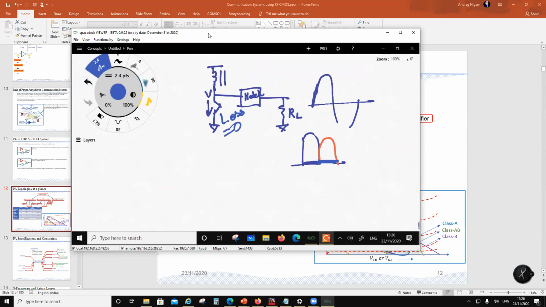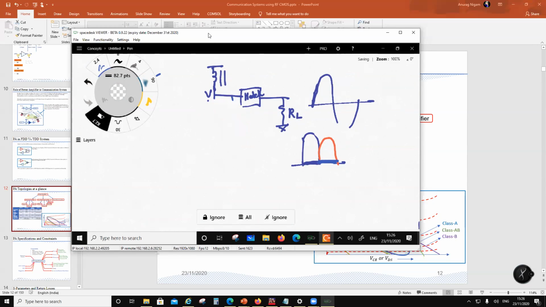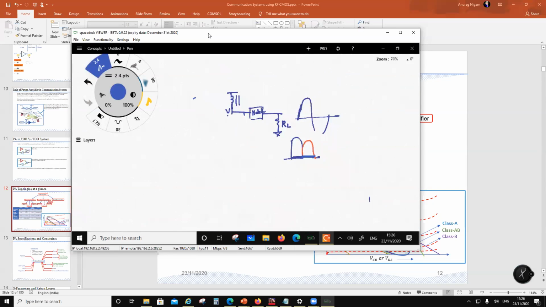Now, what's going to happen is that, let's say there is a parasitic capacitance here, and then there is a switch here.